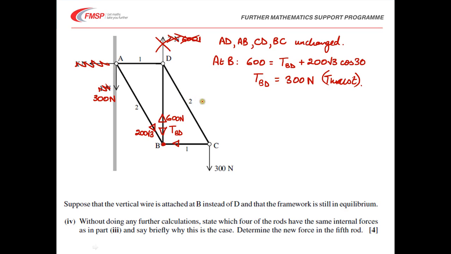Just checking the marks on that one. There's a B mark for naming the rods that have their forces unchanged. There's an E mark for giving the explanation for that, which I should really have written down.